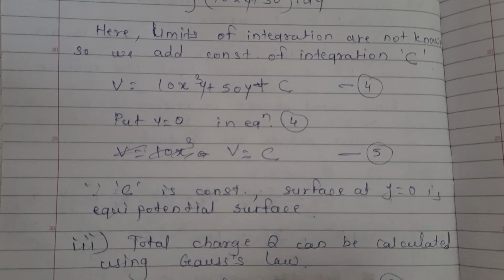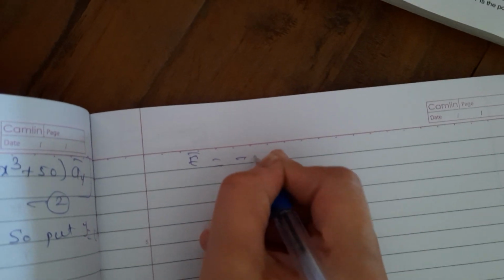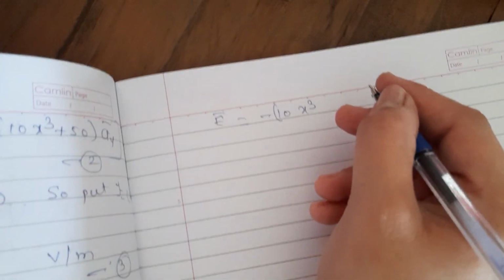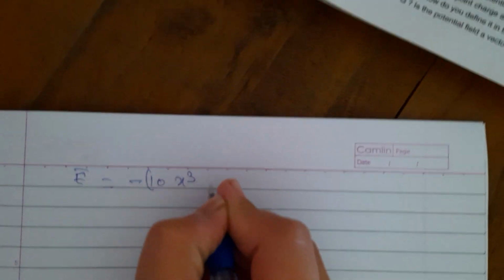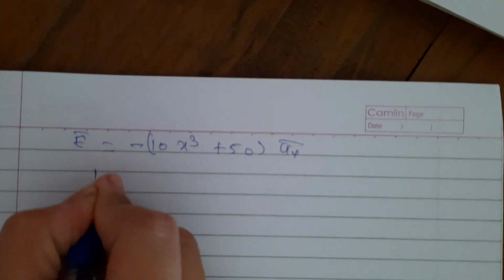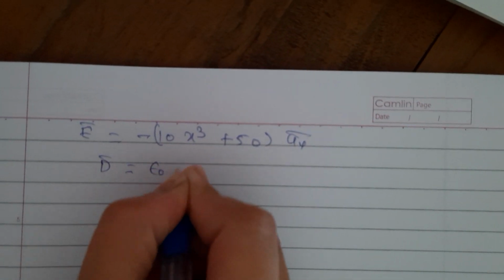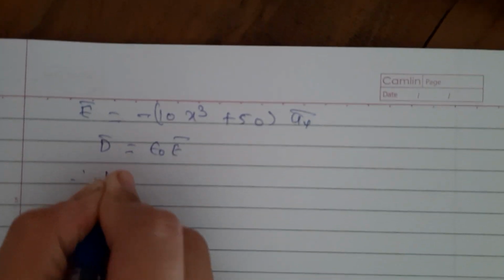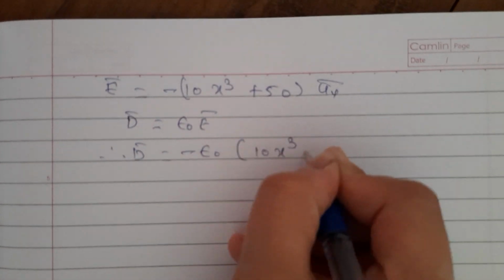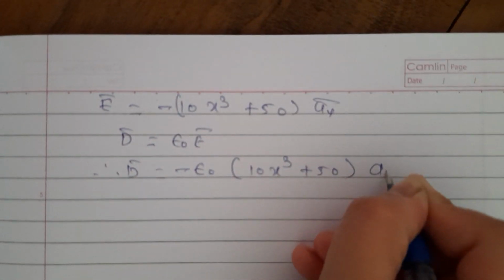This is equation 6. Now we have E bar is equal to minus of 10x cube plus 50 ay bar. Now D bar is equal to epsilon 0 E bar. So D bar is equal to minus epsilon 0 into 10x cube plus 50 ay bar.